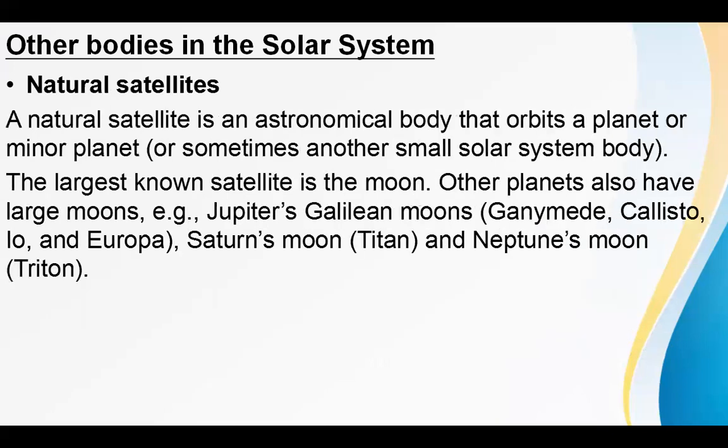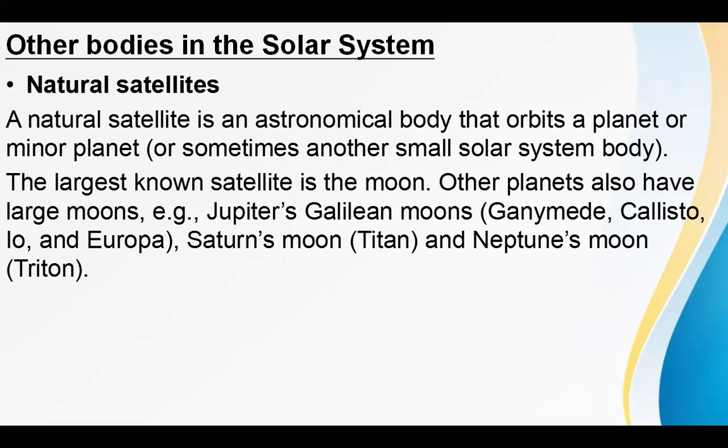Moving on, the last one we're going to talk about today is the natural satellites. Natural satellites, commonly known as moons, are astronomical bodies that orbit a planet or a minor planet, or sometimes another small solar system body.